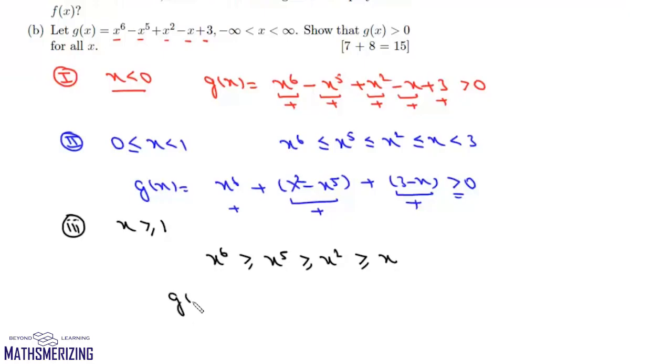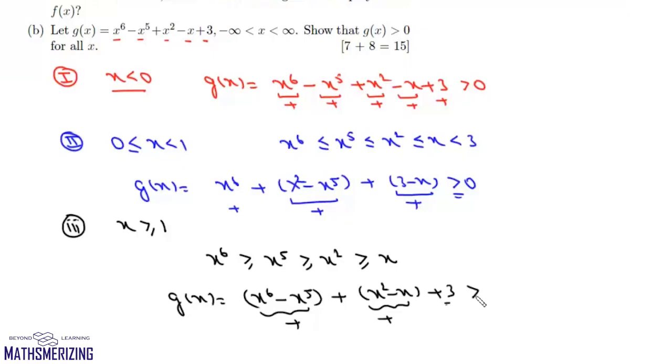Now we can write this g(x) as x^6 minus x^5 plus x^2 minus x, and then plus 3. Now this is greater than or equal to 0. This is also greater than or equal to 0. Now this is plus 3. So that means in this case also g(x) is greater than 0. That means for all x belonging to R, this g(x) will always be greater than 0.